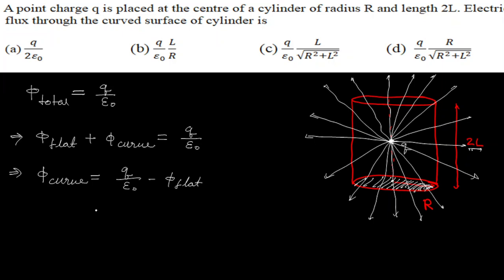So the flux through the bottom surface will be Q divided by 2 epsilon naught times 1 minus L divided by under root of r square plus L square.